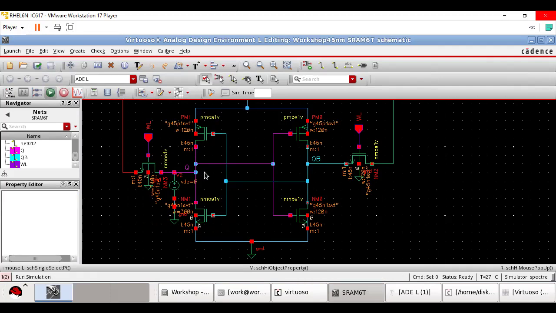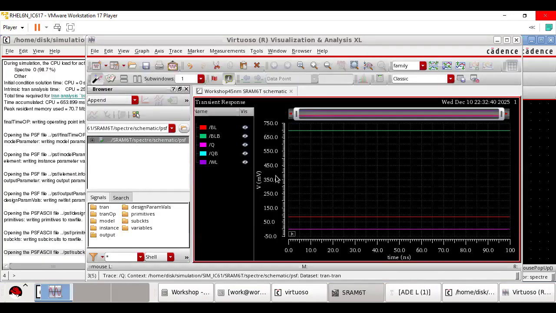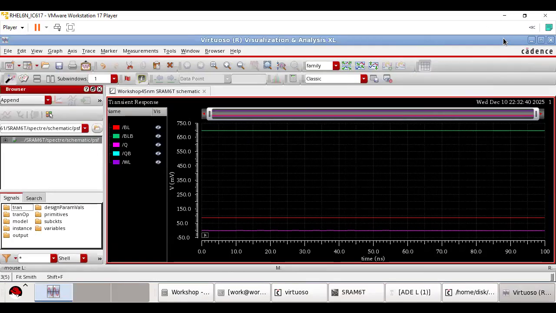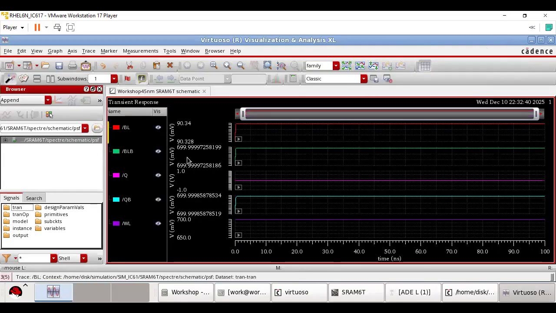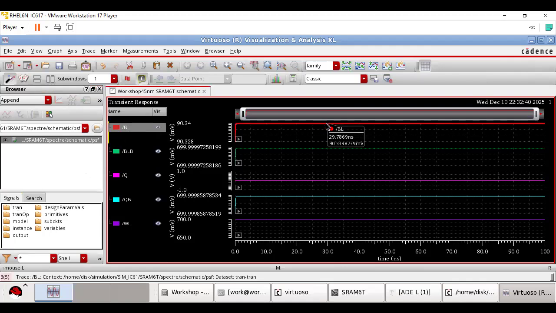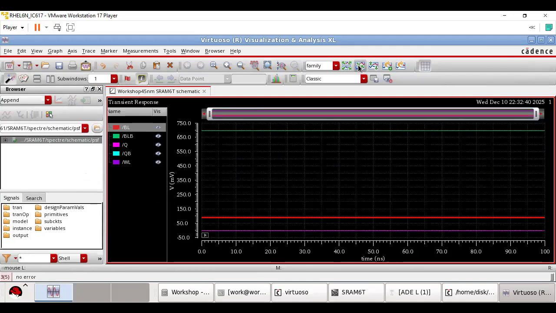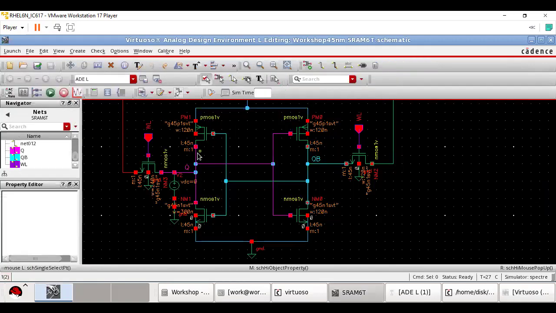Now, when I simulate this, let us see how much potential we were able to discharge. Now you see that the potential on BL is 90 millivolts only. Before increasing the width, it was 300 millivolts. Now it has come down to 90 millivolts.